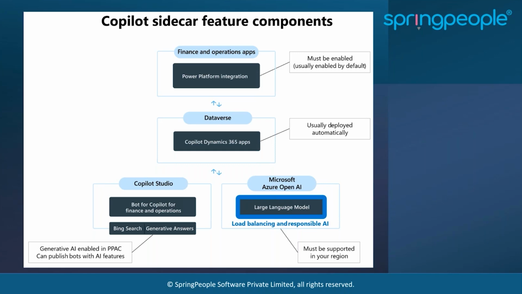Even Copilot is enabled for them. Basically, they use the same architecture for the whole Dynamics 365 application. The same thing is used from the Power Platform integration to the Finance and Operations app.